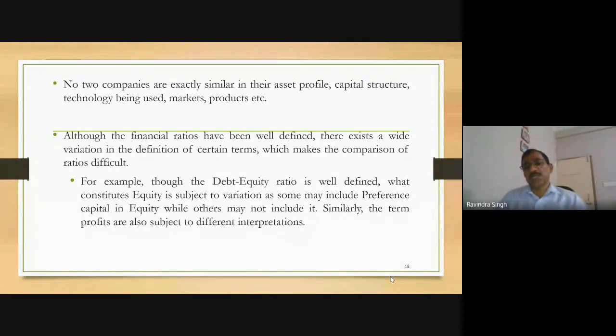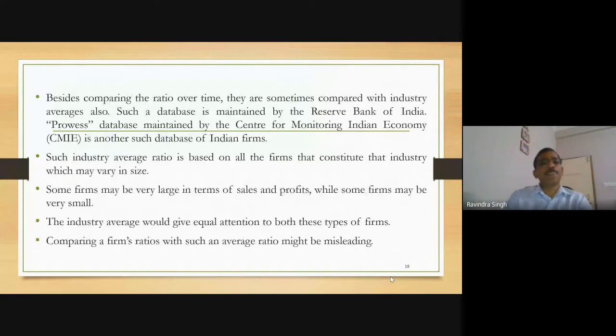Preferential shareholders हैं. Similarly, the term profits is also subject to different interpretations. तो कुछ टर्म्स ये हैं जो कि आपके रेशियो एनालिसिस को 100% फुल प्रूफ नहीं बनाते हैं. दे क्रिएट सम सॉर्ट ऑफ एम्बिग्यूटी.